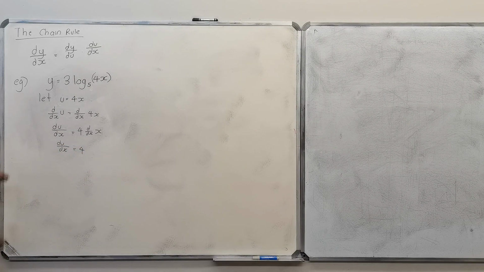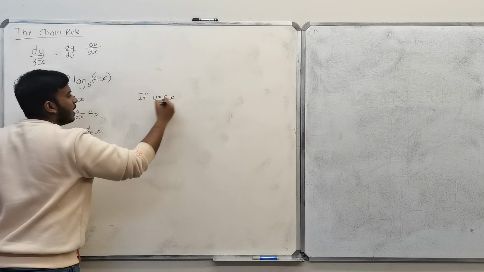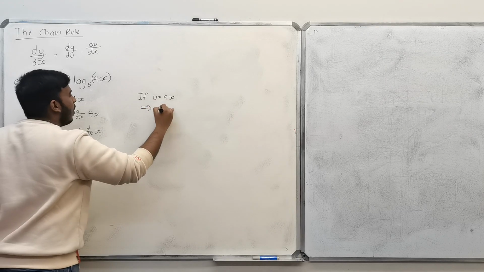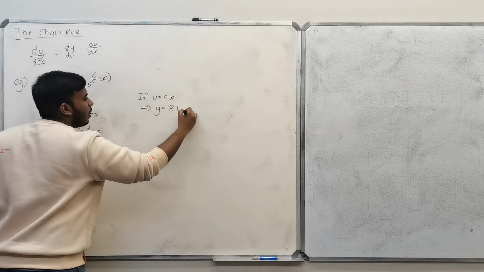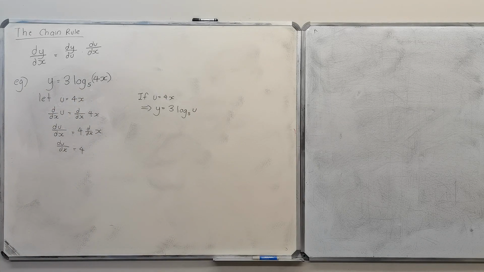Yes? Cool. Now, because I let u equal to 4x, my equation now reads as y is equal to 3 log 5 u. Okay? I did an example the other day when we had logs, in the top corner of the board. What did I do when I had logs, when I was trying to get into derivatives? When you see the log like that, you change it to ln.